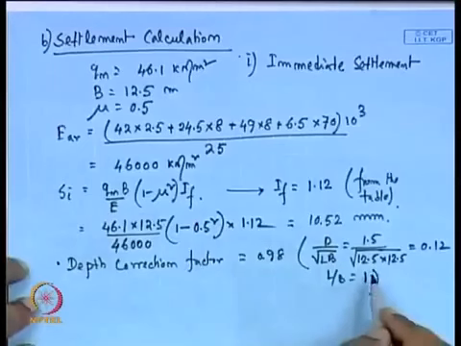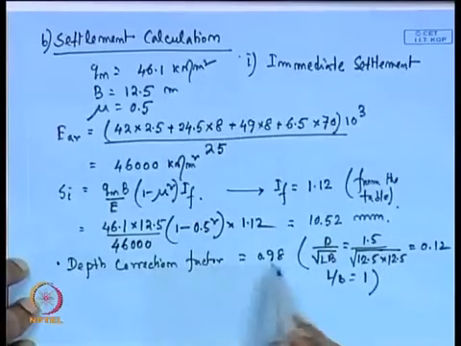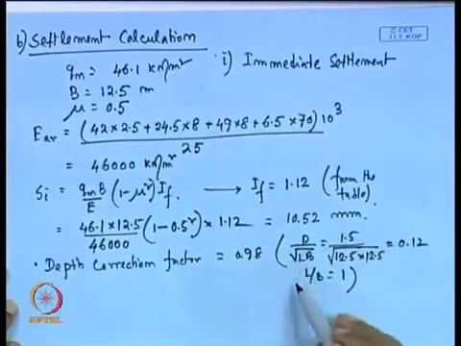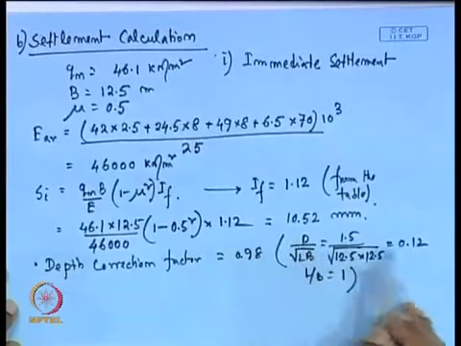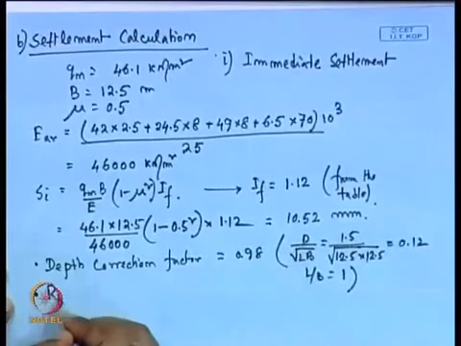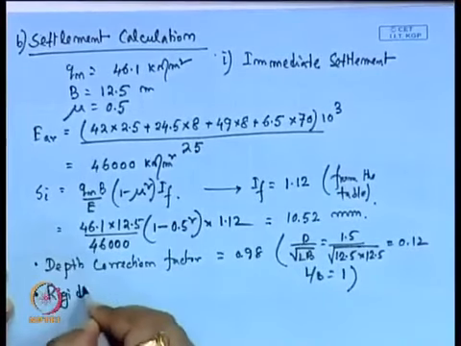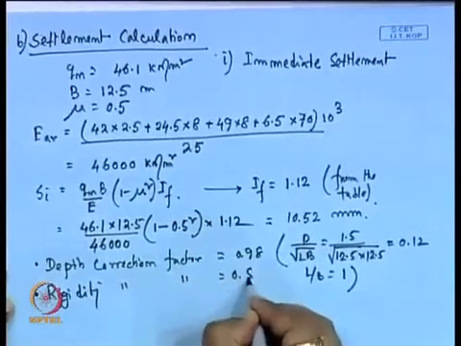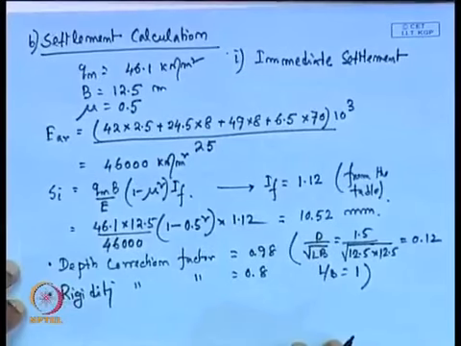So, from the chart, the corresponding depth correction factor is 0.98 for L by b equal to 1 and d over root L b equal to 0.12. Similarly, the rigidity correction factor, as I have mentioned, will be 0.8.